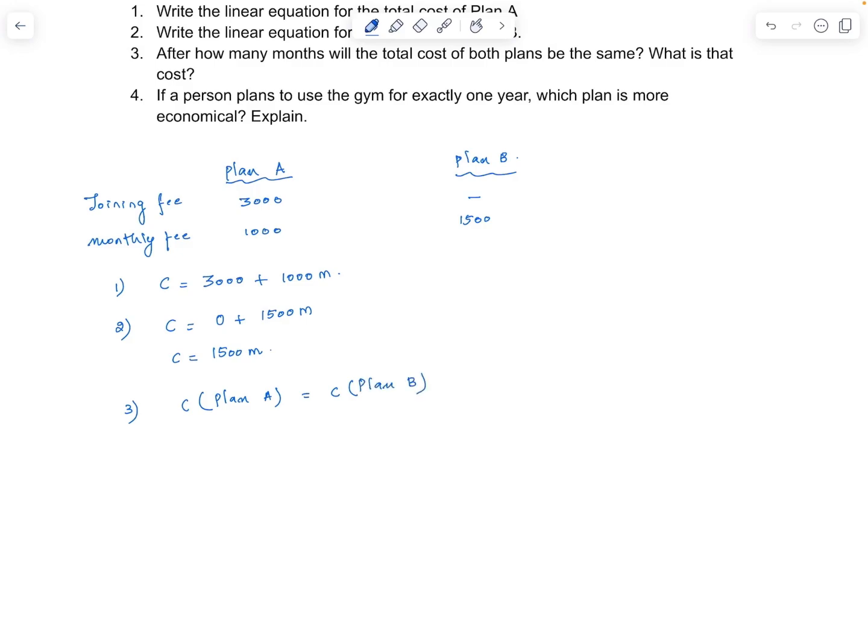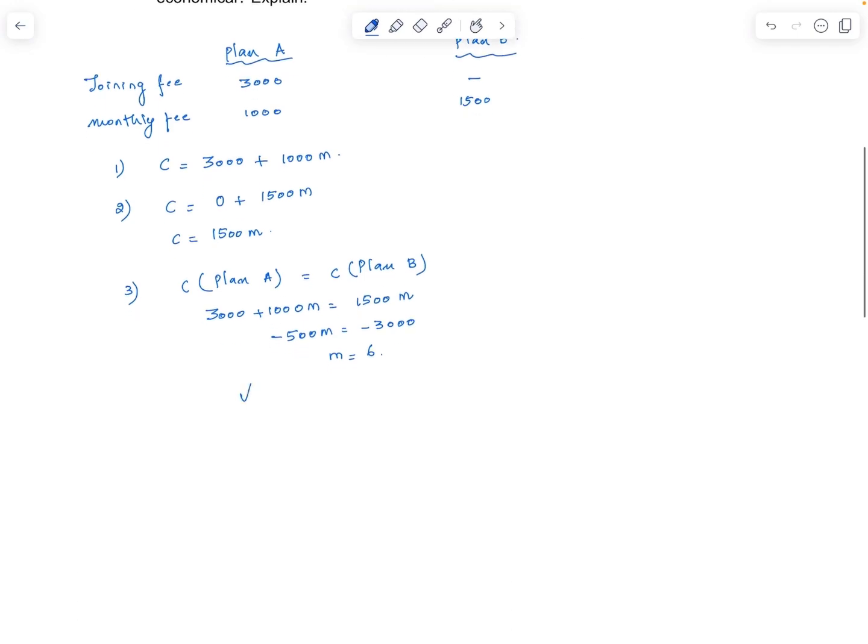So we have to figure that out, which is 3000 plus 1000 M is equal to 1500 M, minus 500 M is equal to minus 3000, and M is equal to 6, which means after 6 months the cost becomes the same and we have to calculate the cost.